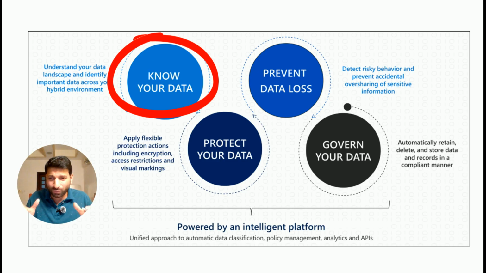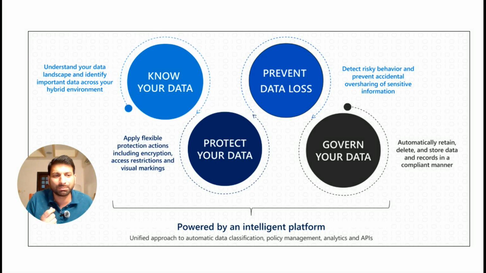In your organization, whatever data you have in Outlook, Exchange, SharePoint, OneDrive, you should know about your data. If you do not, you will be confused about which data you should protect and which data you can avoid.